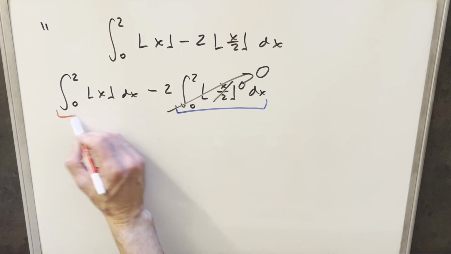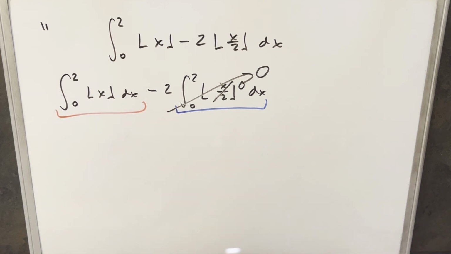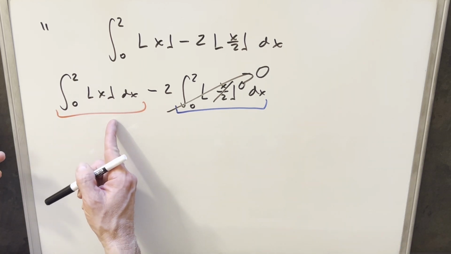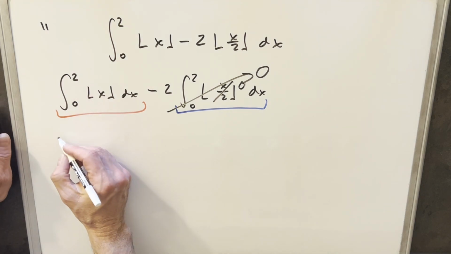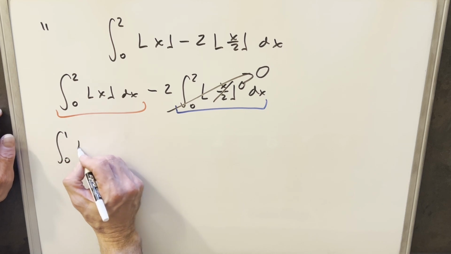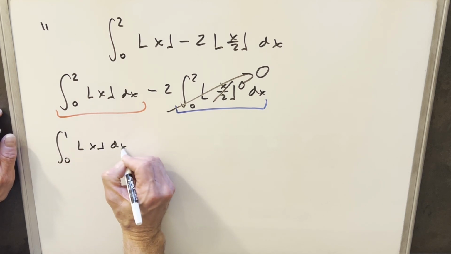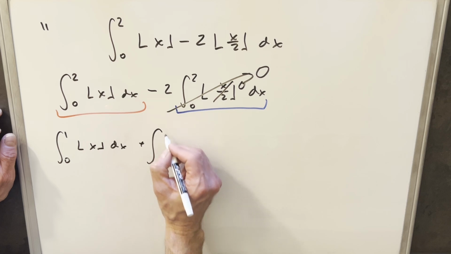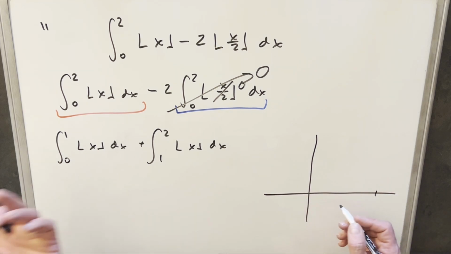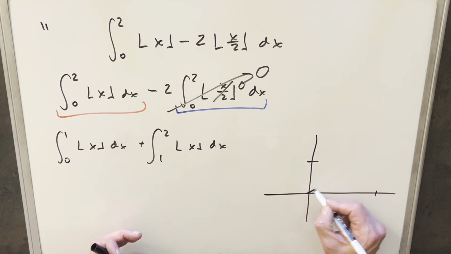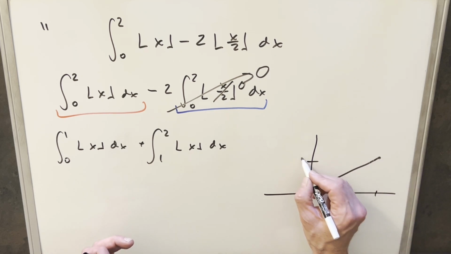Now all we have left is this piece right here. I'm going to break that into two integrals because it's usually helpful to break it on integer values for the floor function. So I can write this as the integral from 0 to 1 of the floor of x plus the integral from 1 to 2. Looking at the first integral, if you go from 0 to 1, the graph of x is just a line up to 1.